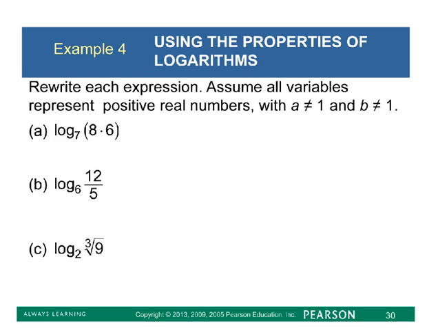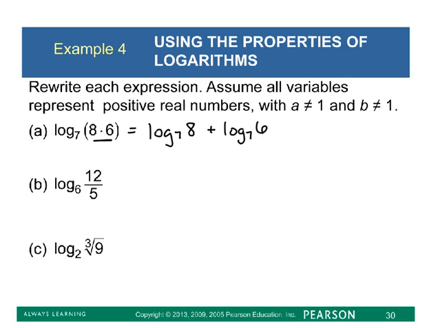So, how to rewrite this expression, use that product property that we talked about because these are being multiplied. So, the expanded form of this is going to be log base 7 of 8 plus log base 7 of 6.